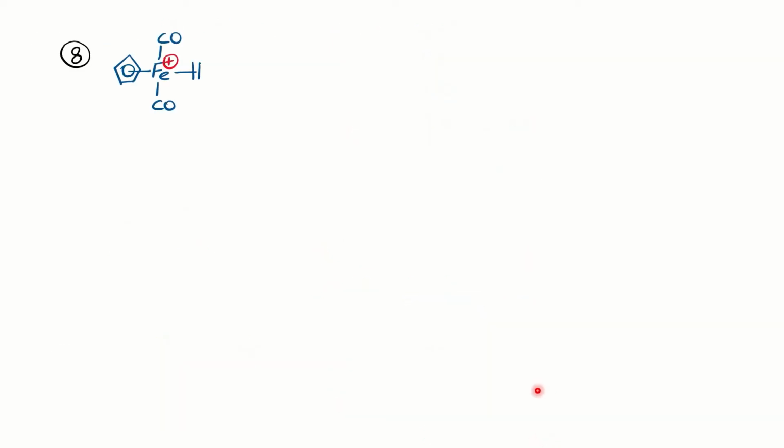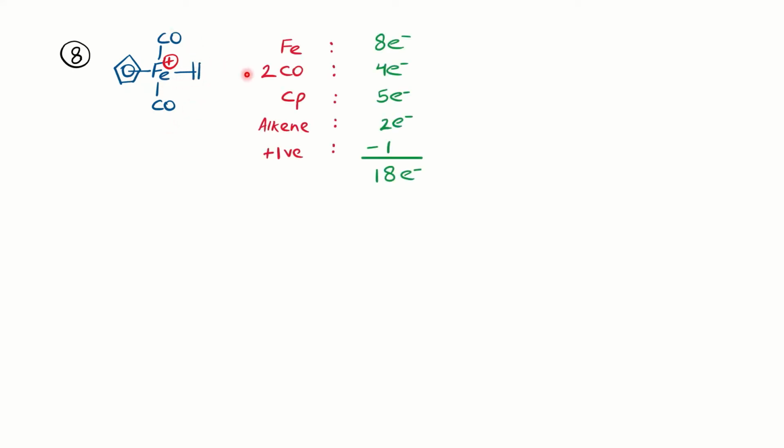For iron we have to check 1 Cp 5 electrons, 1 alkene 2 electrons, carbonyl 2 electrons, total 2 carbonyls are there, so 4 electrons, and you have 1 positive charge, so minus 1. Iron belongs to the 8 electron outermost shell configuration, so it brings an 18 electron configuration.